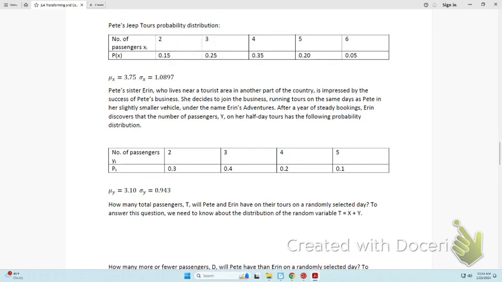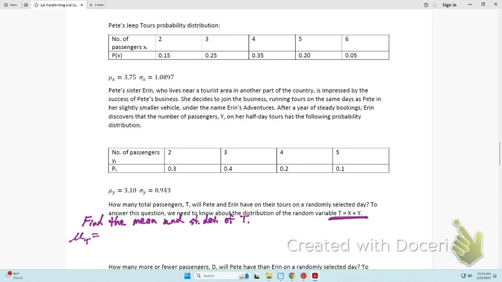We need, I forgot to type it, find the mean and standard deviation of t. So to get the mean of t, notice we have a function right here, right?